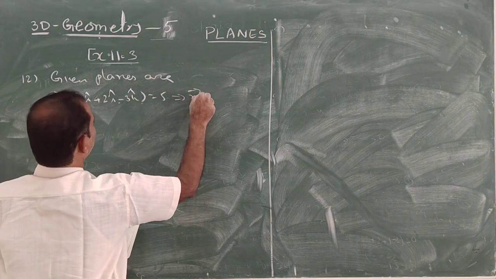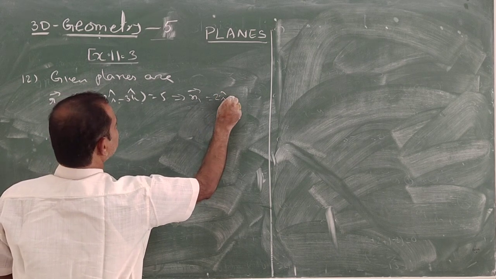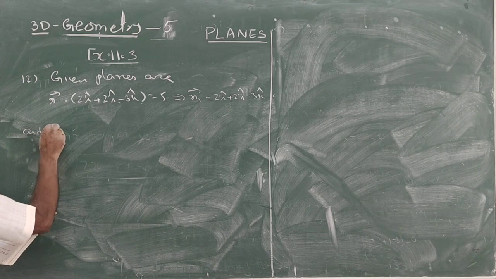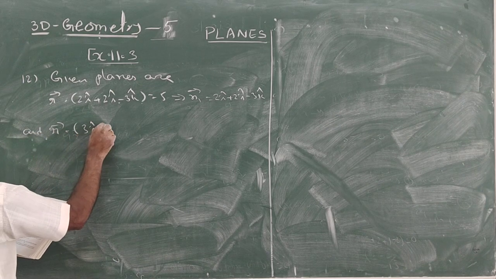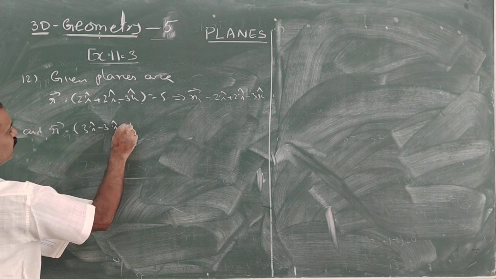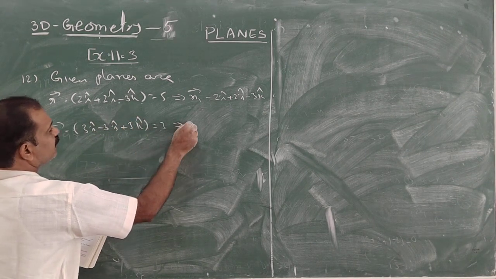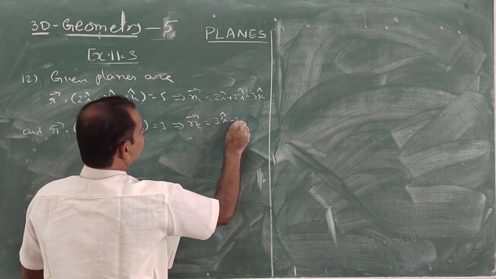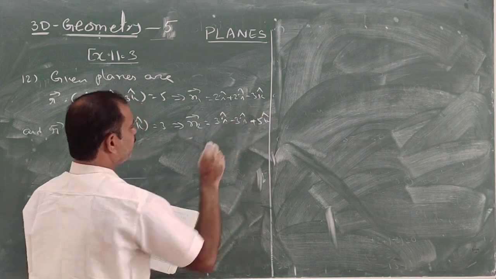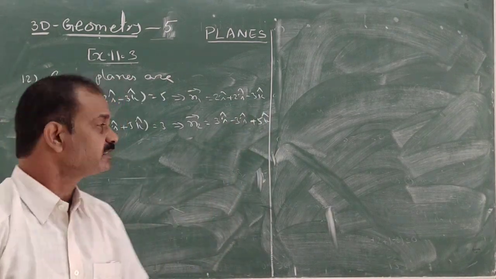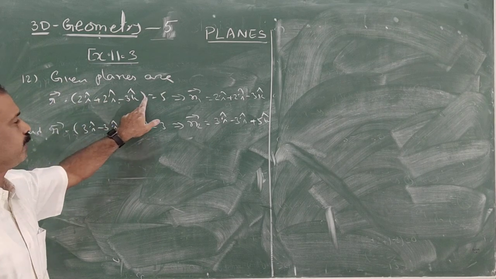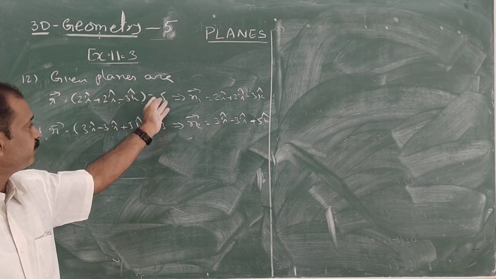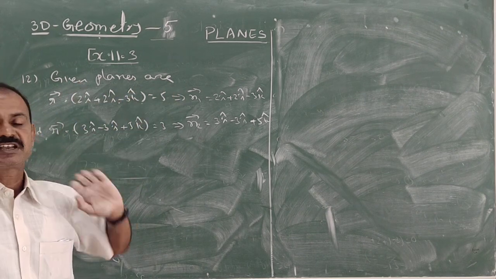From this, n1 equals 2i plus 2j minus 3k, and another plane r dot (3i minus 3j plus 5k) equals 3, which implies n2 equals 3i minus 3j plus 5k. Why am I writing this? These are of the form r dot n1 equals d, r dot n2 equals d. From that, I have traced n1 and n2.